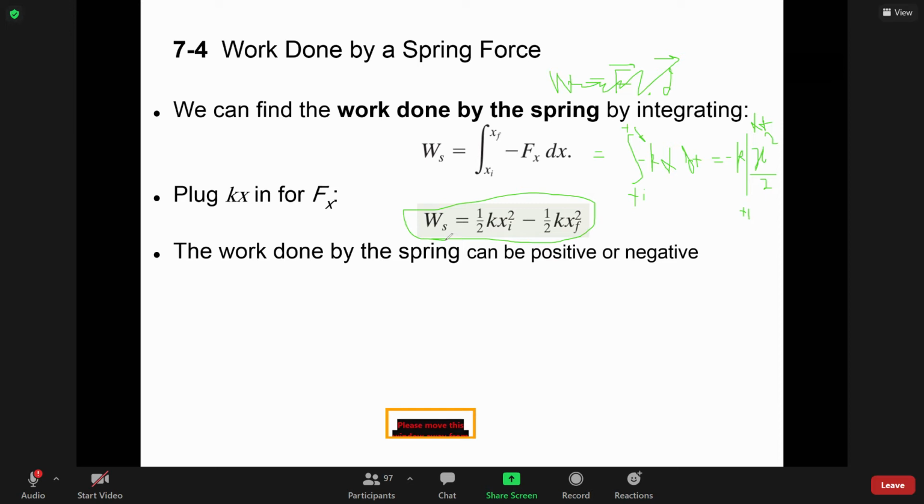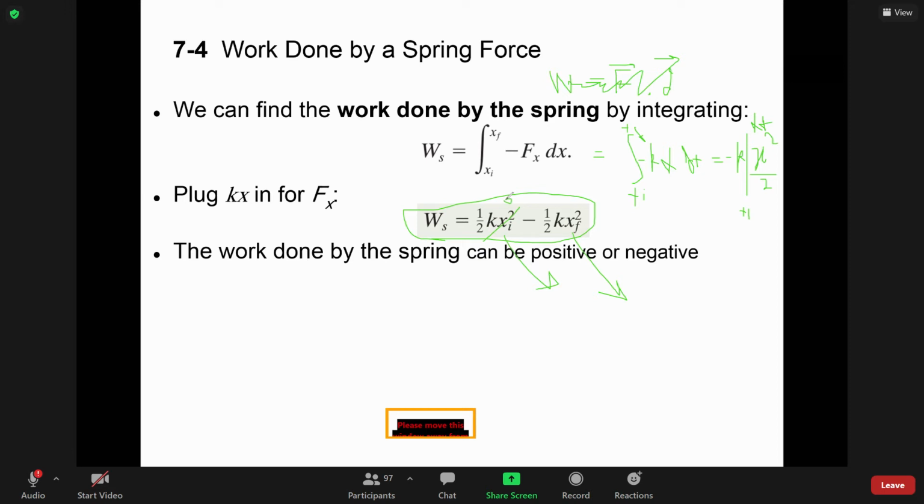Okay. What does it mean? It means if I know the initial position and the final position of a mass attached to the spring, then I can find the work done by the spring. What if the initial position was 0? If the initial position was 0, at the origin, then the work done by the spring will be negative.